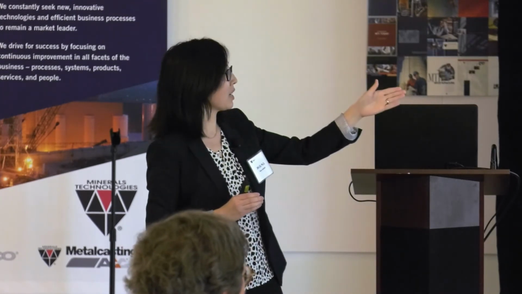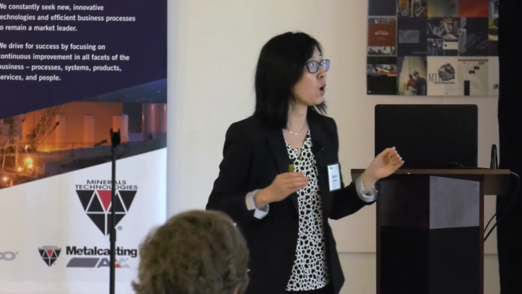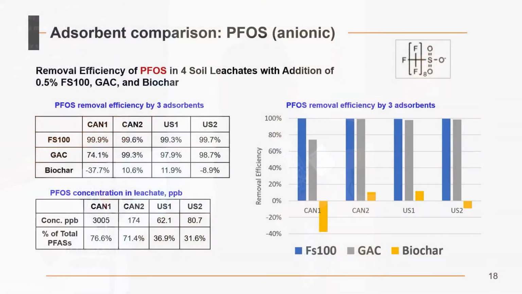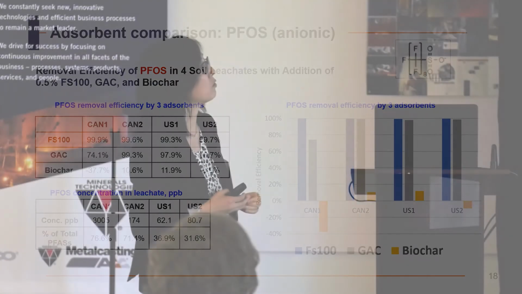But in this case, we consider them relatively low, and you can see removal between GAC and FLUORO-SORB 100 was no different. But the difference starts to show up when you're talking about a highly contaminated soil. The very first one, the Canadian one, GAC reached 74% removal, but FLUORO-SORB is 99% removal.